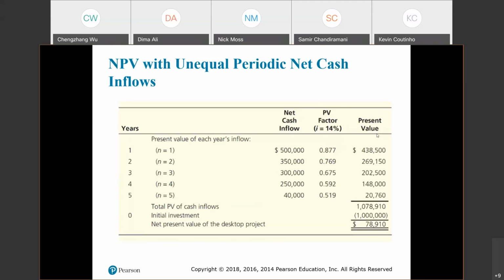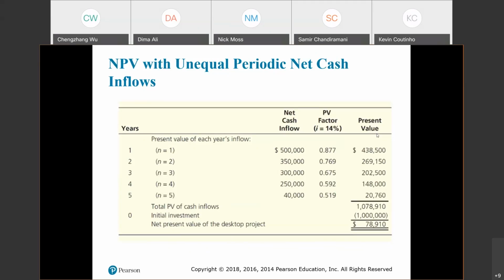So that means the calculation needs to be done 5 times, once for each year. And we do not use the annuity present value factor table. Instead, we use the lump sum present value factor table. I mean, table one.